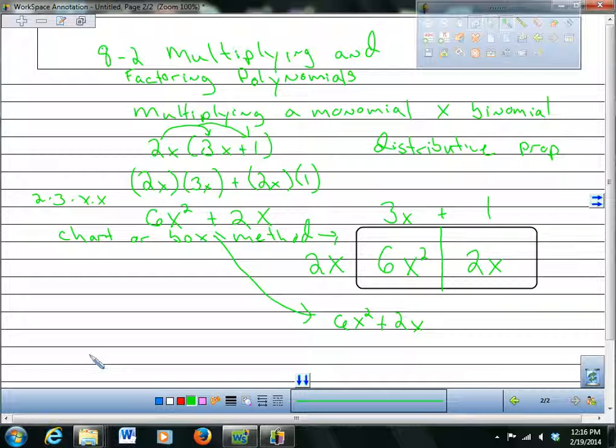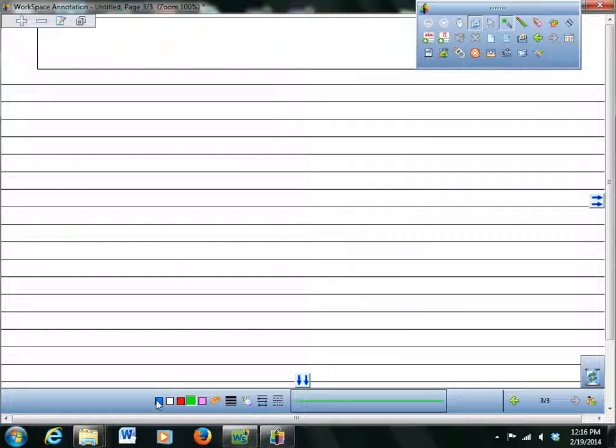Good. All right, now we're going to get really tough. We're going to try a binomial times a trinomial, which shouldn't be much harder. Okay? So I'm going to change colors. This is more fun.